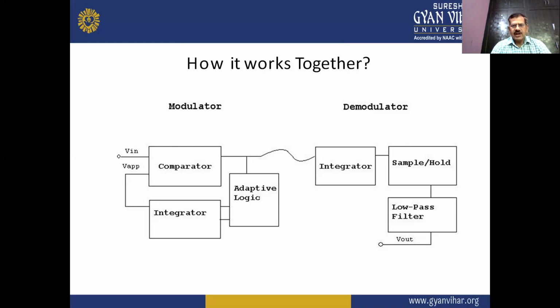In the demodulator part, there is also an integrator, a sample and hold circuit, a low pass filter, and the output signal of the low pass filter. So this is how the modulator and demodulator work together in this block diagram.